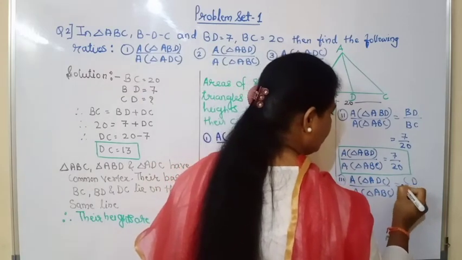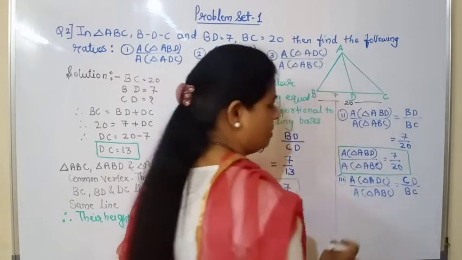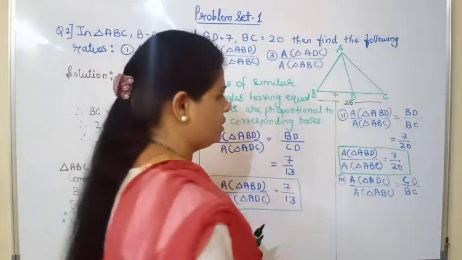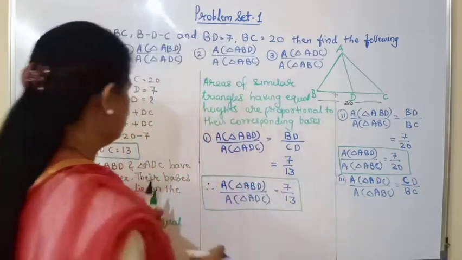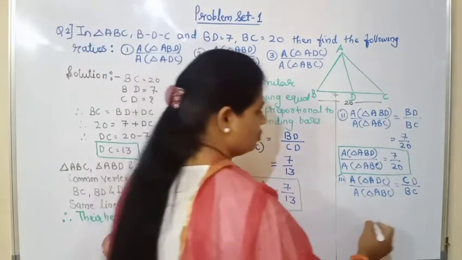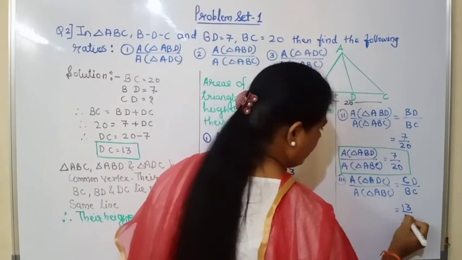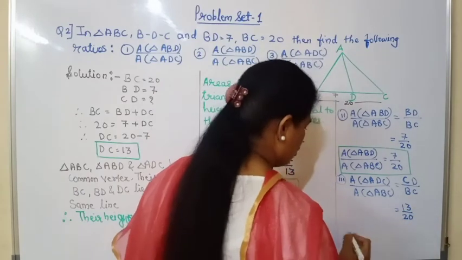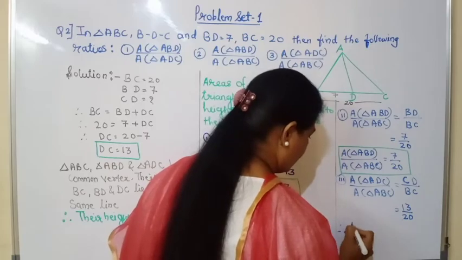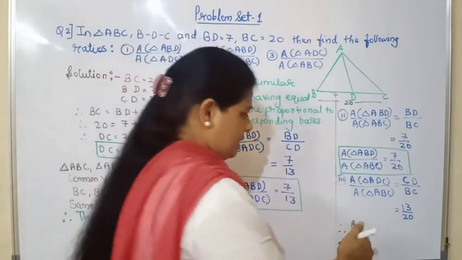So CD upon BC, since the base of triangle ABC is BC. What is the value of CD? CD we have calculated here. CD is 13. So that is 13 upon BC, and BC is 20.